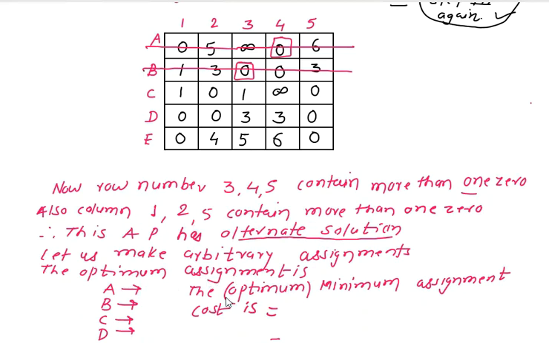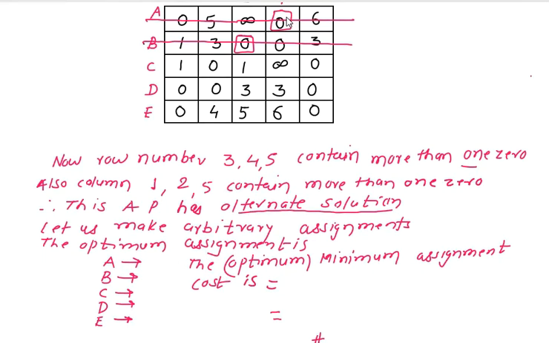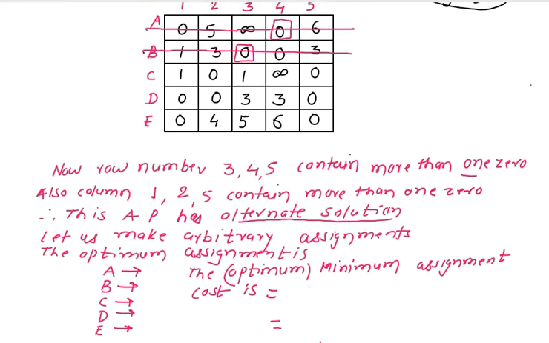So the optimum assignment is: A is assigned to job number 4, B is assigned to job number 3. Now in the third row there is a choice. Either you can use job number 2 or we can use job number 5.